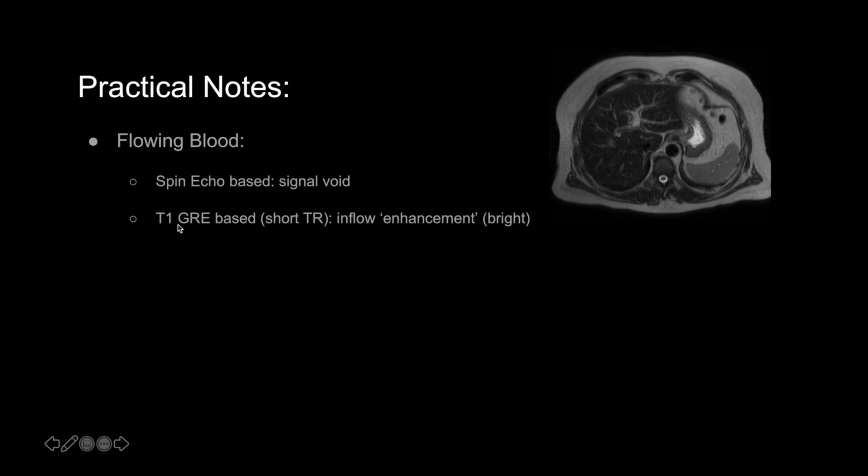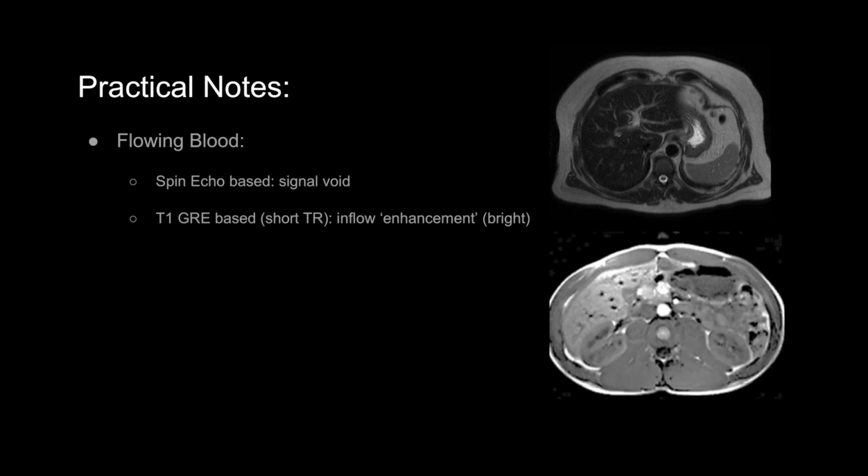For T1 gradient echo based sequences with short TRs, blood entering the slices is going to look bright. This is because blood entering the slices has all of the magnetization already in the z-axis, or in the longitudinal plane. And as we mentioned, that's essentially as if it had a very fast T1 relaxation like fat.